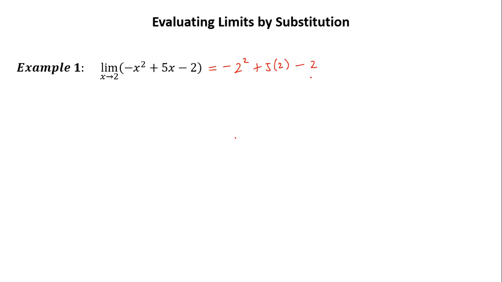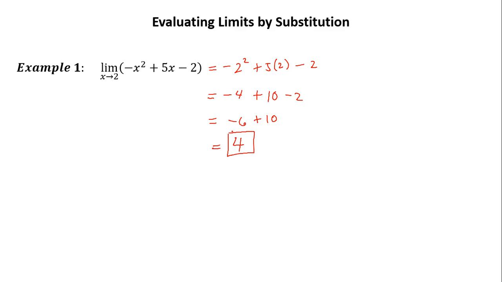Now take note that for the first term, it's only the number 2 which has an exponent of 2, not negative 2, right? So this is the same as the negative of 4 plus 10 minus 2, which is equal to negative 6 plus 10, which is equal to positive 4. So this is now the required limit.